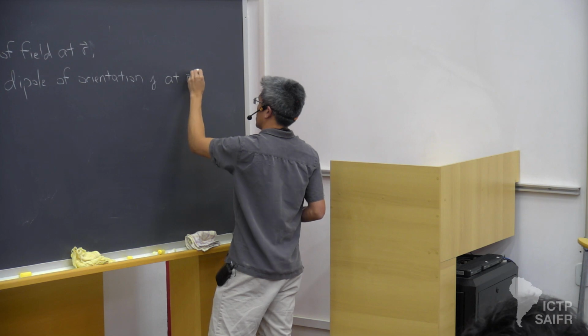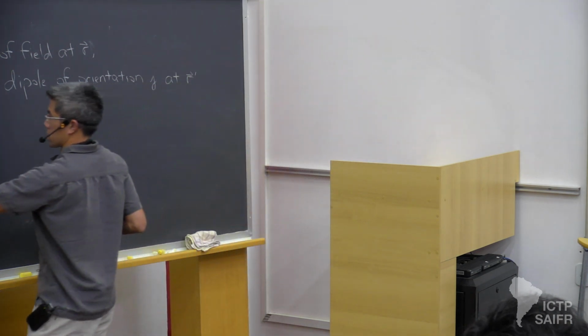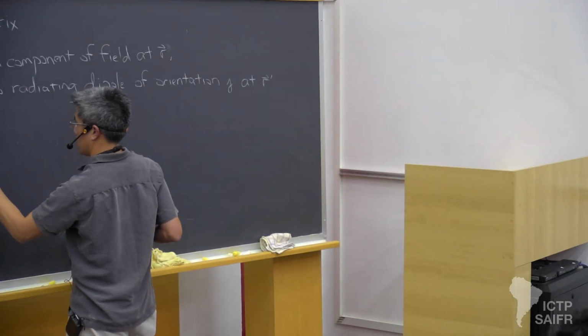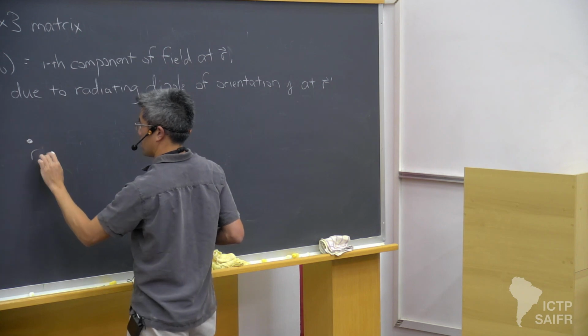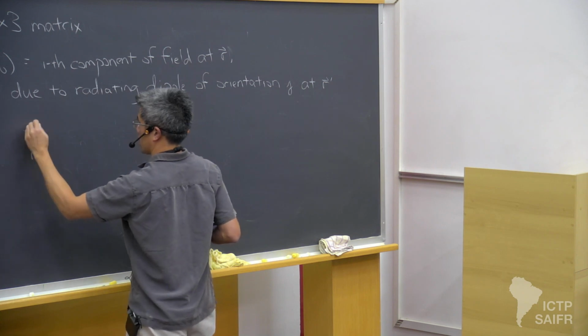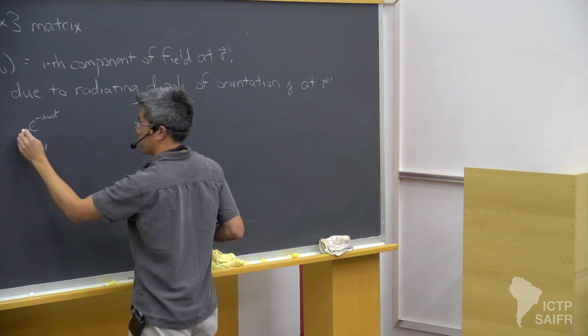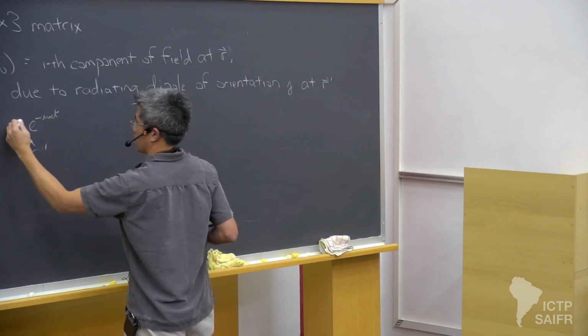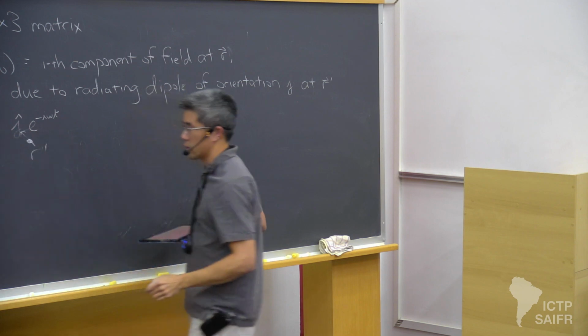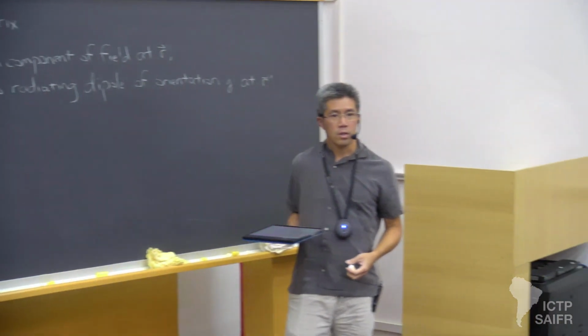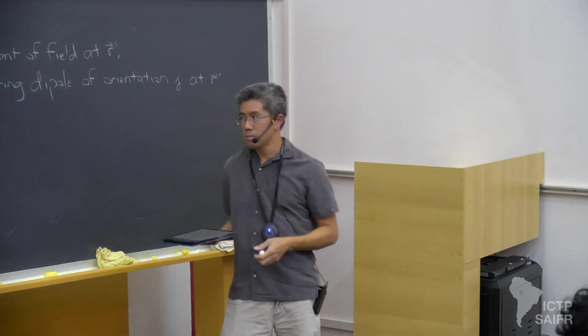at position R prime. So physically the picture is I have a dipole at R prime. It's oscillating like e to the minus i omega t, but its dipole moment is oriented along direction j. I and j can be x, y, or z.